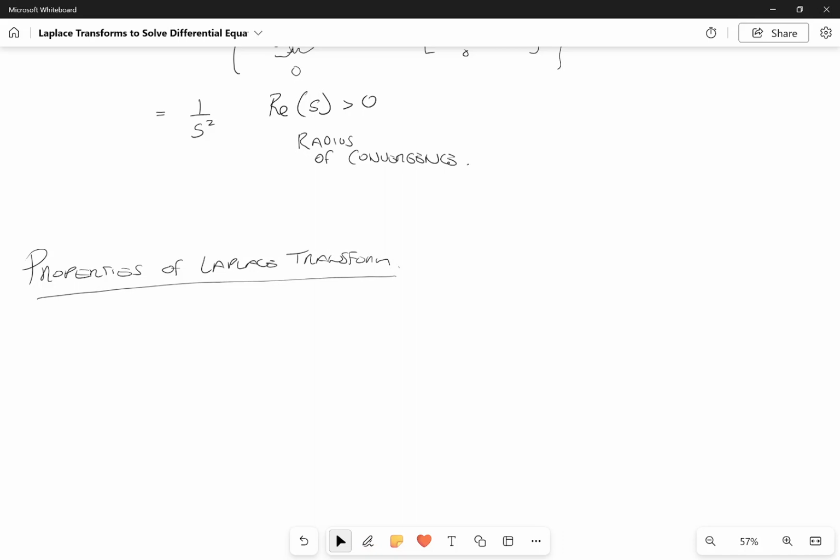All right, the Laplace transform is a linear operator, so it follows the properties of linearity.